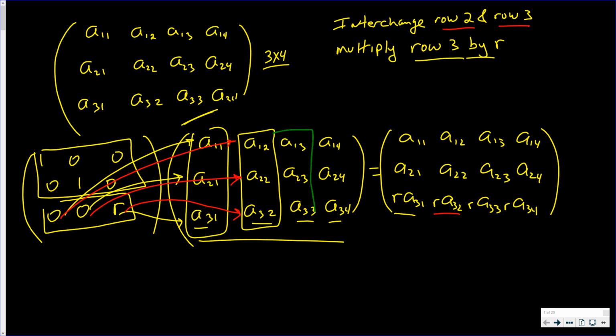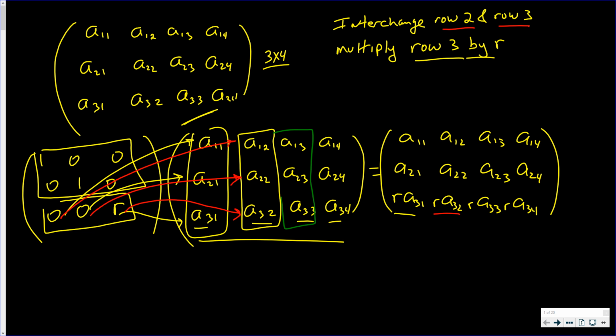Third column. 0 times A13 is 0. Plus 0 times A23 is 0. The sum is 0. Plus, look at this, r times A33. That's just what I wanted to get. No difference in the fourth column. 0 times A14 is 0. 0 times A24 is 0.